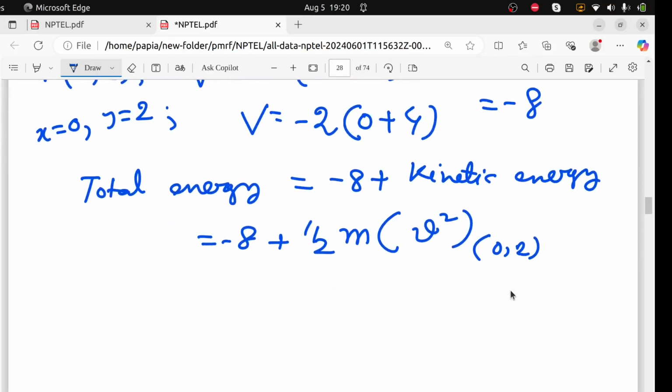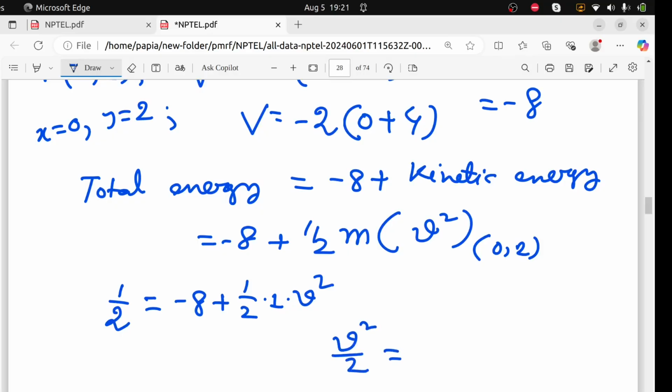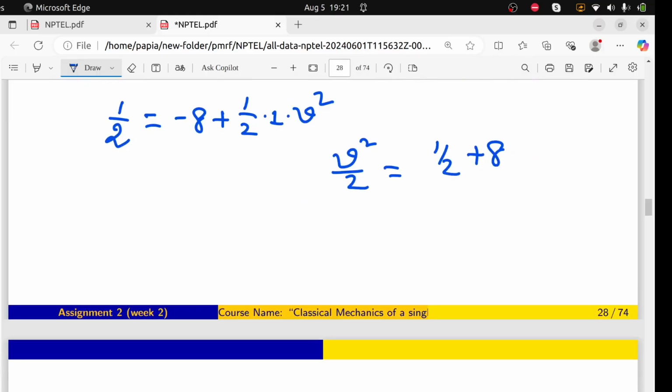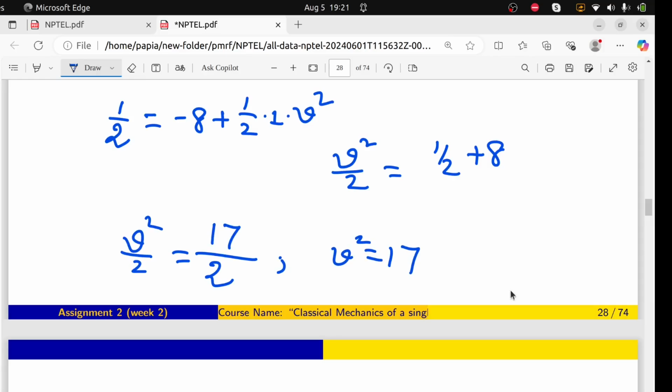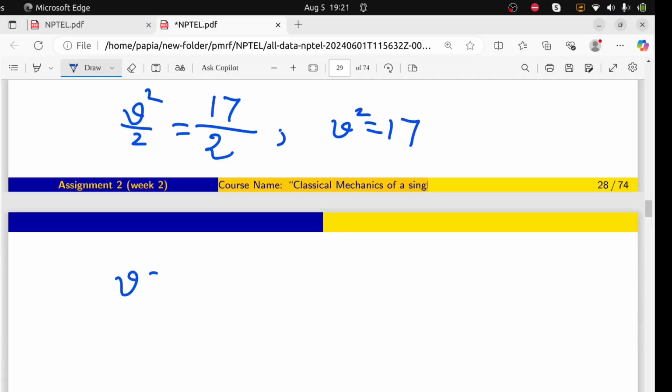That's what they are asking, right? And total energy is always conserved, so it will be half equals minus 8 plus half into 1 into v squared. So v squared by 2 is half plus 8, so v squared by 2 is 17/2. V squared is 17. Then v is root over 17.